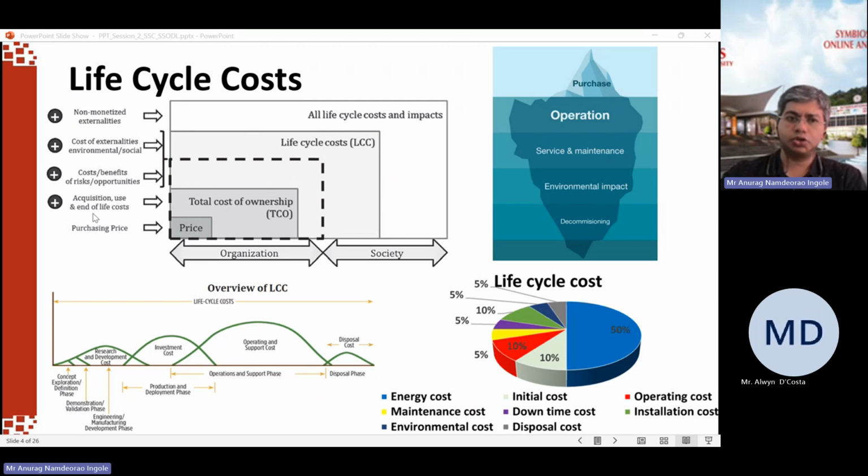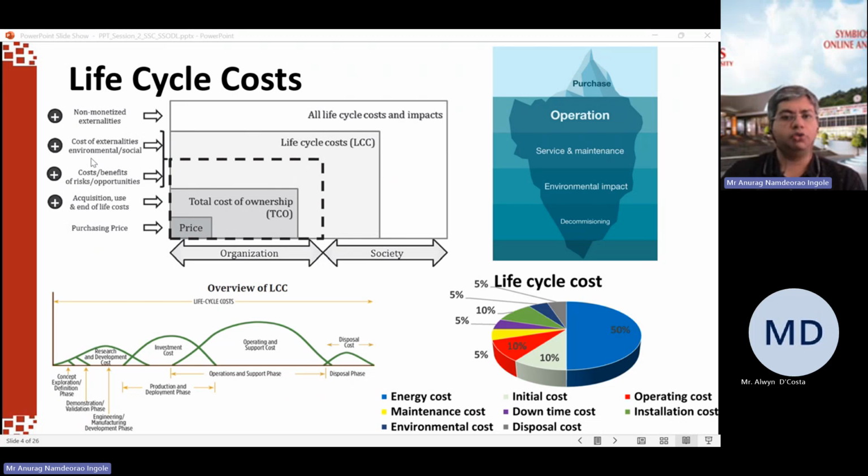And then there are also some non-monetized externalities, the impacts of which are not directly monetized. For example, if any air pollution is generated because of your product usage, or any soil pollution because of your product whenever it is discarded or used, that is non-monetized, right?